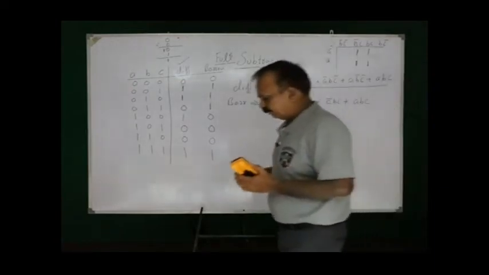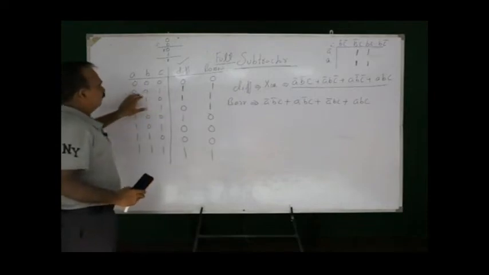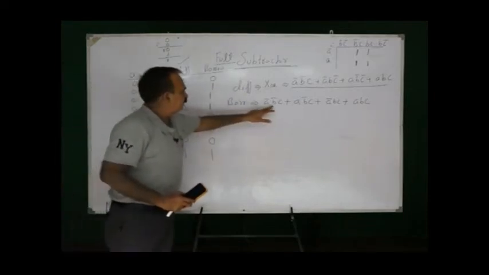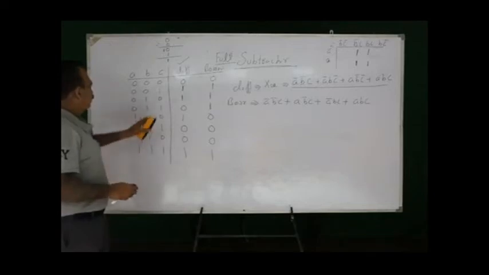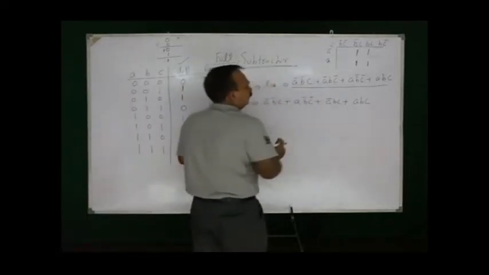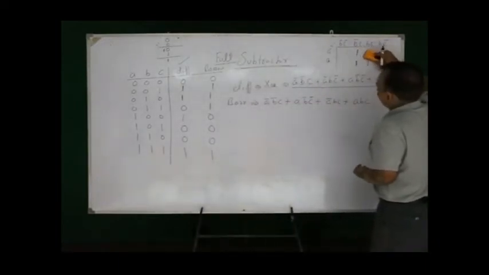Now, again I am repeating how I got this. This one is A bar, B bar, C, because this entry is 1. The next one is A, B bar, C, positively this should be A, B bar, C bar. This should be the entry A, B bar, C bar.